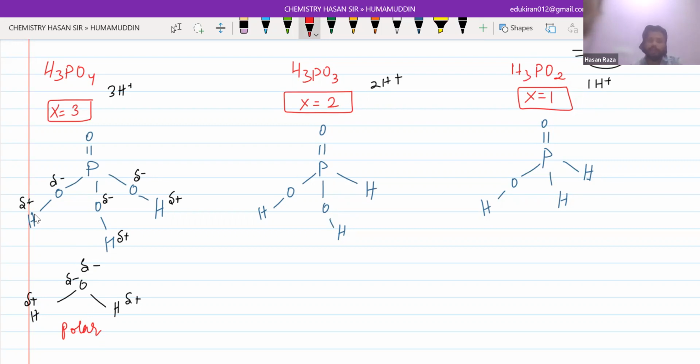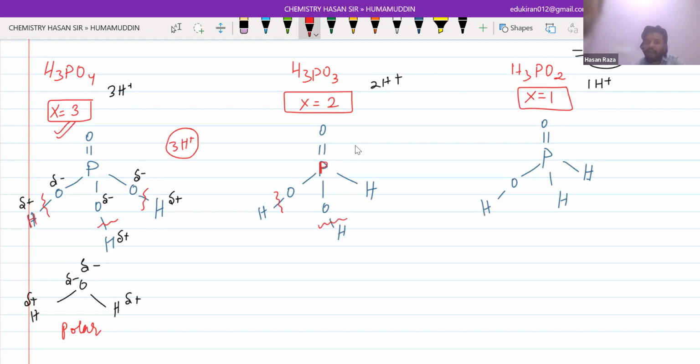So as you can see, this bond is polar. All the three bonds are polar. So it will give all the three H plus in the water. And that's why the value of X for H3PO4 is 3. Now, when you come to this, both are polar, and hydrogen is not that much.